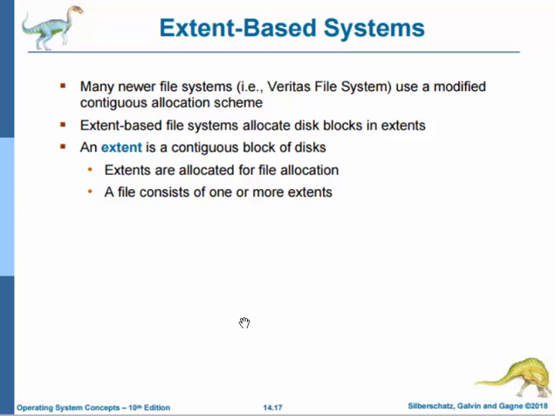And since there are many drawbacks, an operating system can use a modified contiguous allocation scheme, and here a contiguous chunk of space is allocated initially. So this is what we call the extent-based system. For example, if the amount proves not to be large enough, another chunk of contiguous space known as an extent is added.